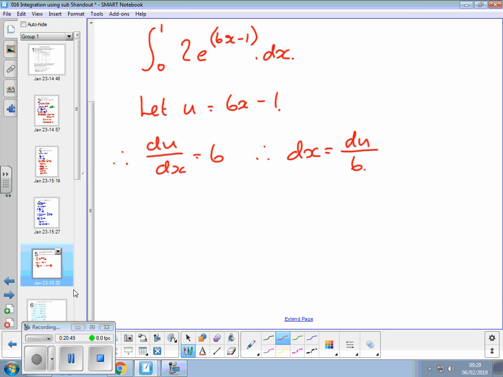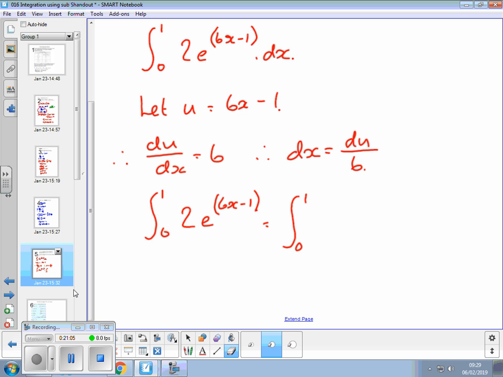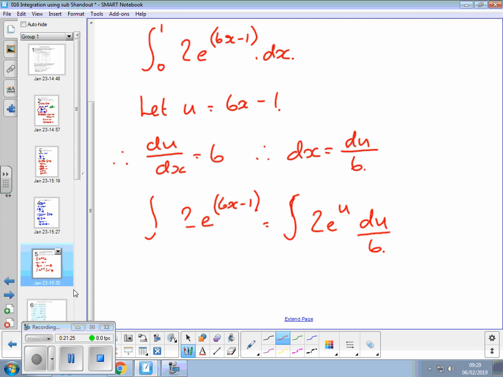So we can say the integral between 1 and 0 of 2e to the 6x minus 1 is equal to the integral between 0 and 1. Hang on, let's take the limits off there for a minute. Don't complicate things with them. The integral of 2e to the power of u du by 6.